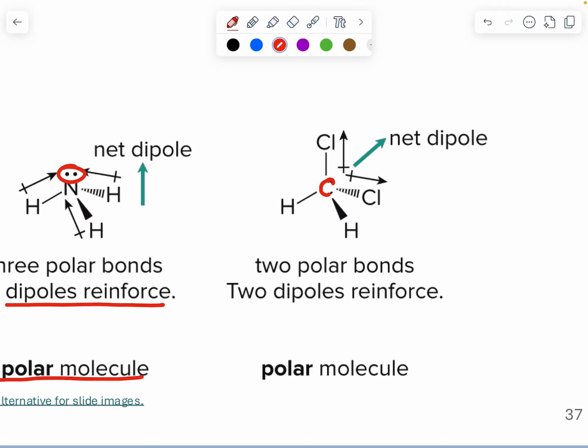If we had a molecule like this, carbon in the middle with Cl all the way around, well, in this case the dipoles would cancel each other because all of the atoms around carbon are identical, and so this would be nonpolar.